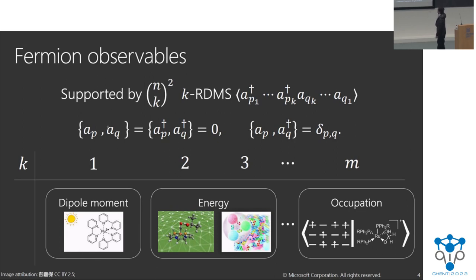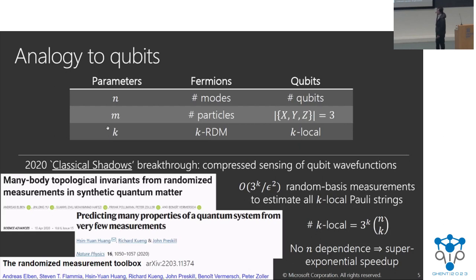So these are the fermionic properties satisfied by fermion operators. Kiana briefly went through an equivalent version based on Majoranas. And this is a defining property of what makes a fermion a fermion. So one of the major breakthroughs recently was this idea of classical shadows.